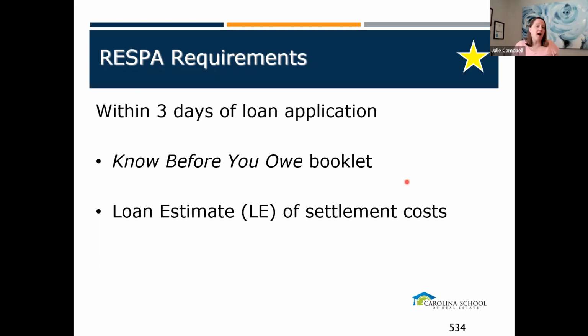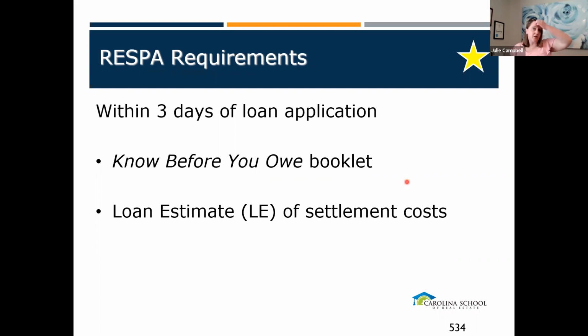And for example, what my lender did to get me my Know Before You Owe booklet and my loan estimate, they had a little software program set up that I could access my records. It's kind of like from your doctor. Your doctor won't send you an email telling you what's wrong. Your doctor will send you an email saying there's information in your account, you need to log in and check it out, right?